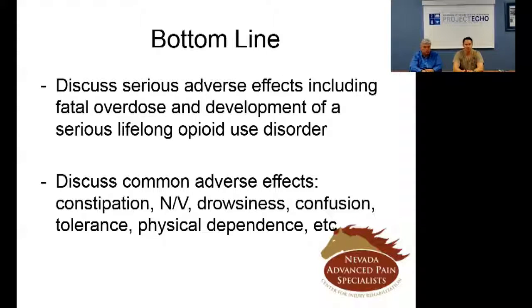So a lot of times I'll recommend Colace. Colace is a stool softener, and so I'll recommend patients take over-the-counter Colace, one in the morning and one at night, to hopefully help them retain water so the stools are passed.